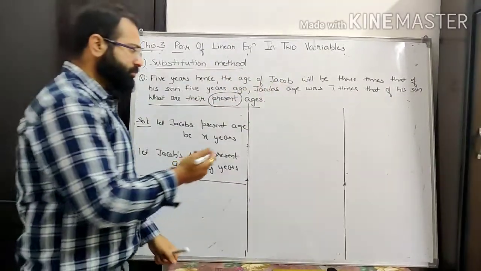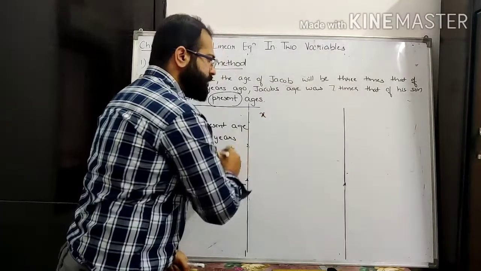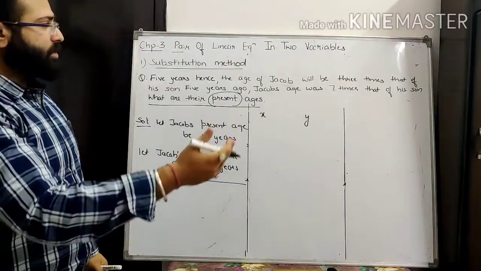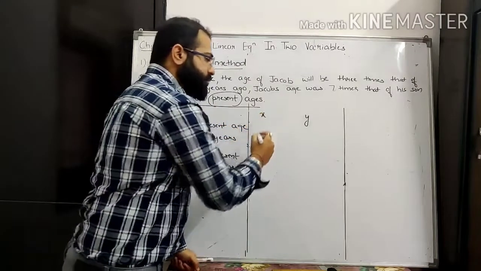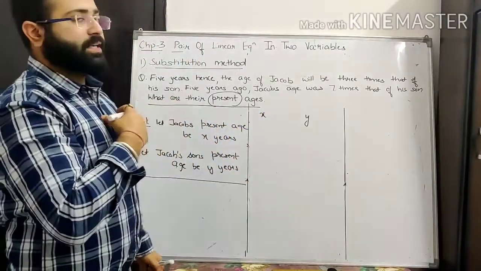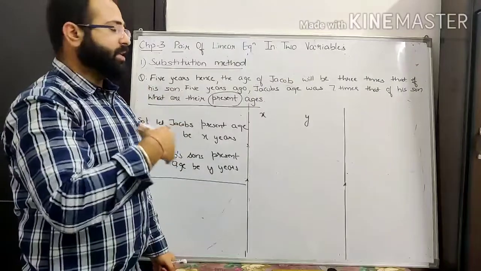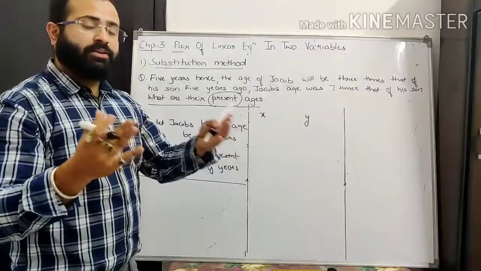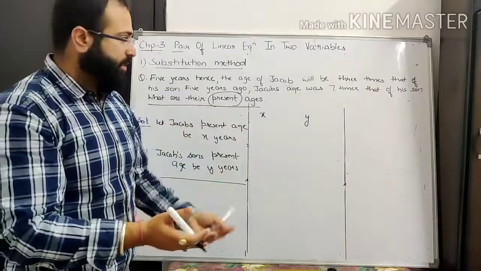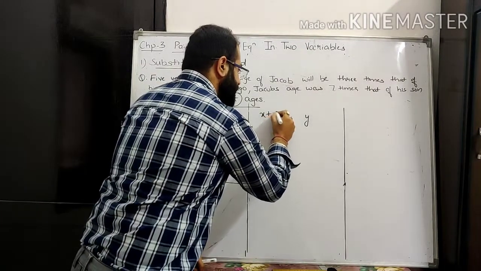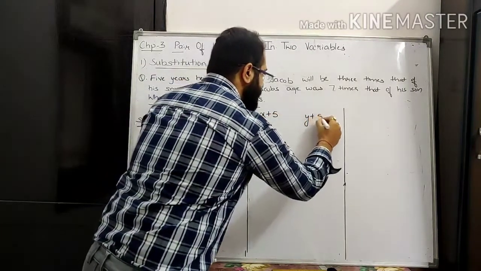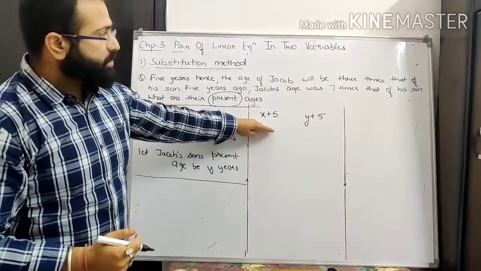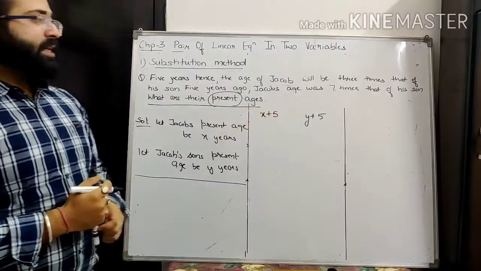If I say I'm 30 right now, after 5 years I'll be 35. So both ages increase, and we need to add 5 on both sides.